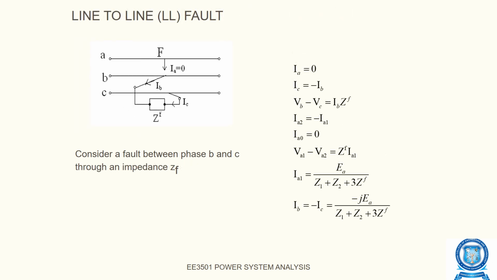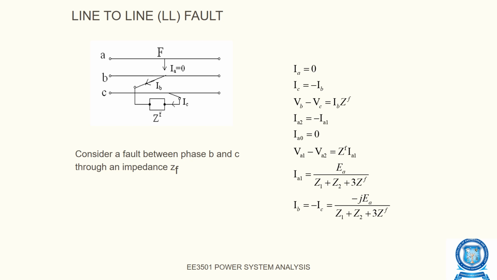The next one is line to line fault. When a fault occurs between two lines, we call it a line to line fault. Now you can see the three phases, A phase, B phase, and C phase, and the fault occurred between the B and C phases, with fault impedance ZF.